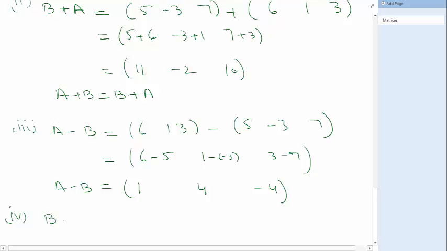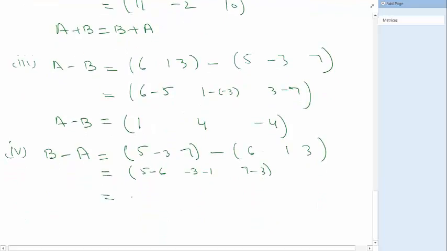Now, if we try to execute B minus A, we need to write B first, and then A second. Now, we need to subtract the corresponding entries, or you can say the same address entries. So we can write 5 minus 6, minus 3 minus 1, and 7 minus 3.